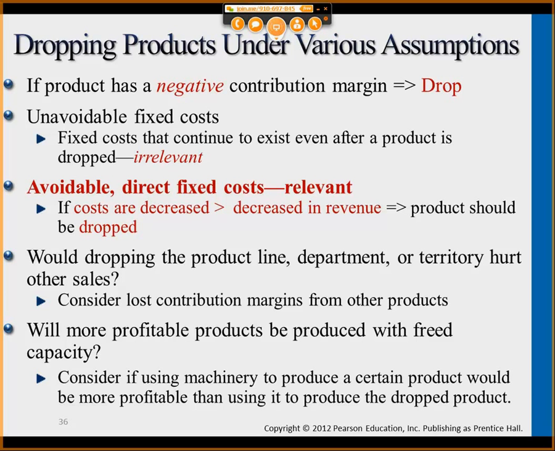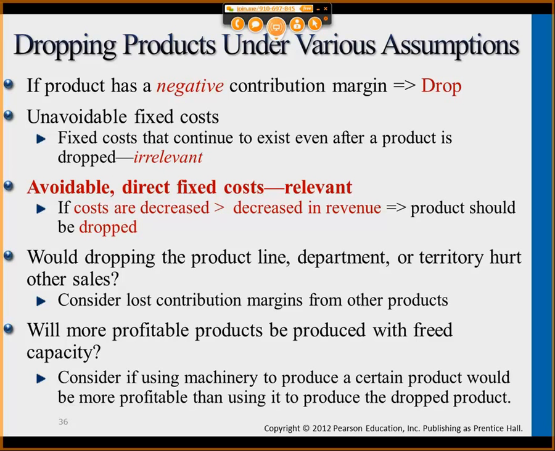Another question that we need to answer is, would dropping the product line, department, or territory hurt other sales, right? We just touched a little on that. So here, as well as the complementary products that we might be losing, we also have to consider lost contribution margins from other products. All right, so the last question, will more profitable products be produced with freed capacity?